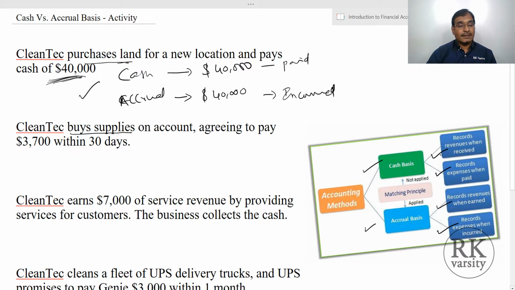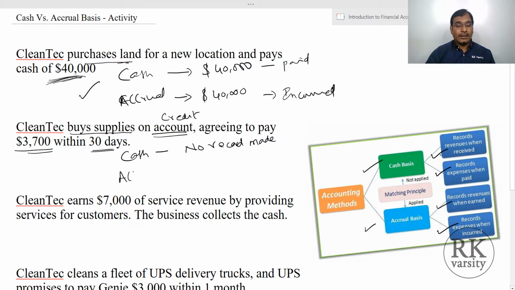Next, Cleantech buys supplies on account. When we say on account, it is on the basis of credit, agreeing to pay $3,700 within 30 days. So if your accounting method is cash, no record is made because no cash is paid.